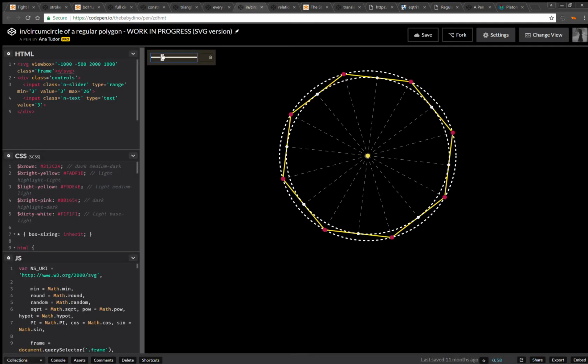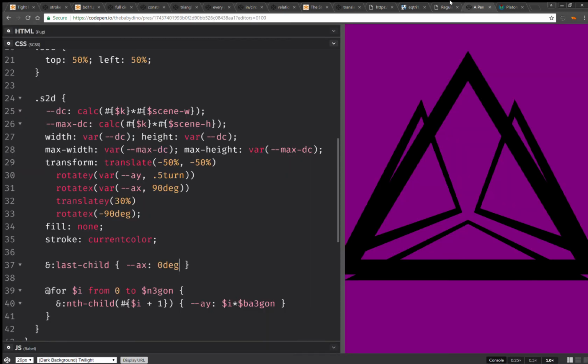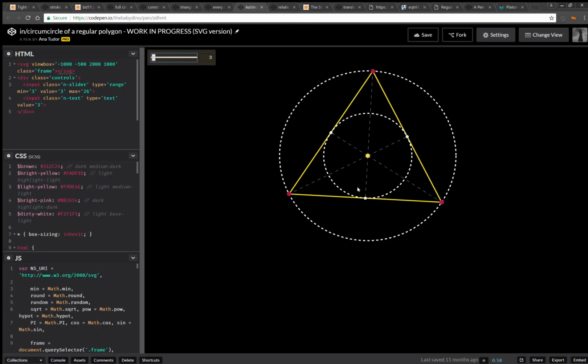So if we consider that this is the base, the height falls right there in the center of these two circles, which is also the center of mass of our triangle. So this means that O base M, this is the in radius. This is the in radius, so that's the radius of that small circle, which we can compute if we know the circumradius.